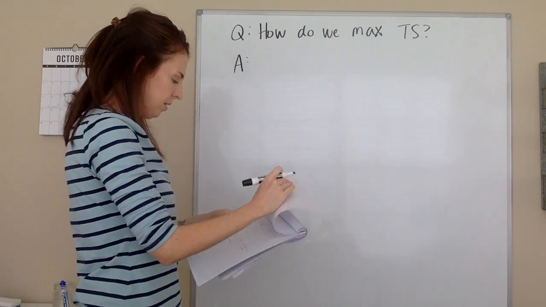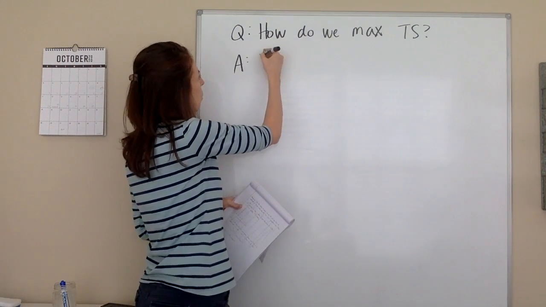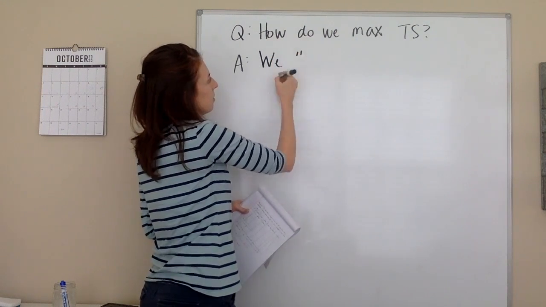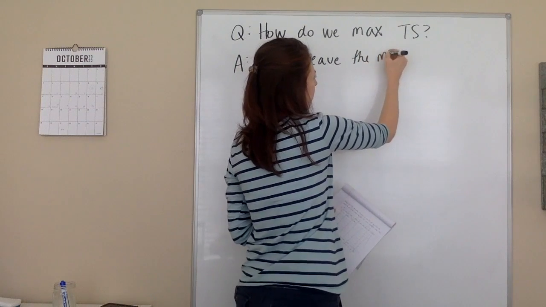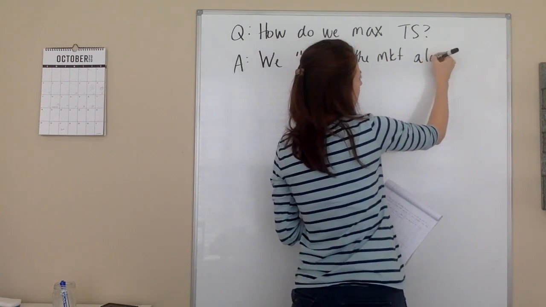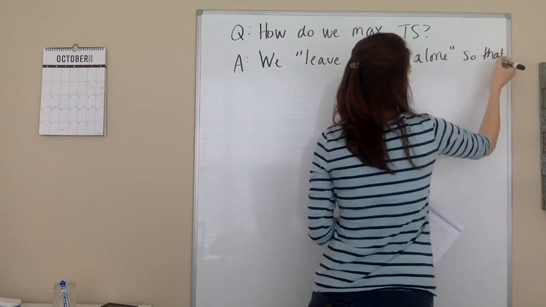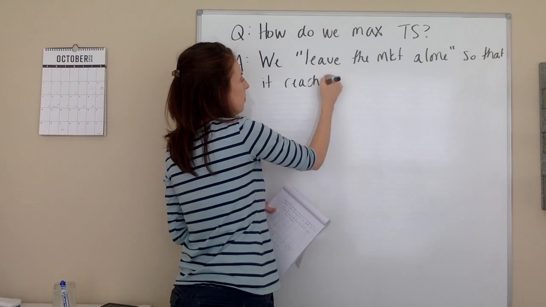Okay, I'm going to give you the answer, then I'm going to show you why the answer is the way it is. So the answer is we, and I'm going to put this in quotes, "leave the market alone" so that it reaches the equilibrium.